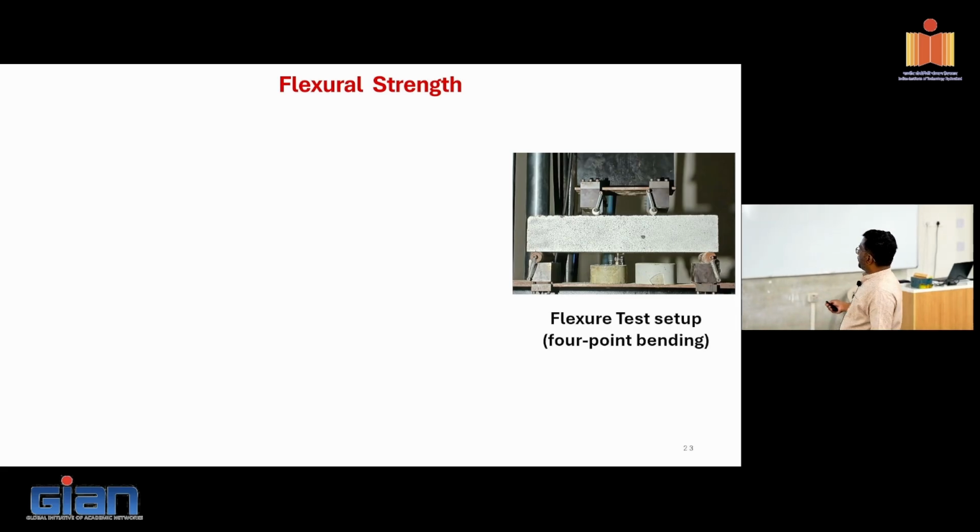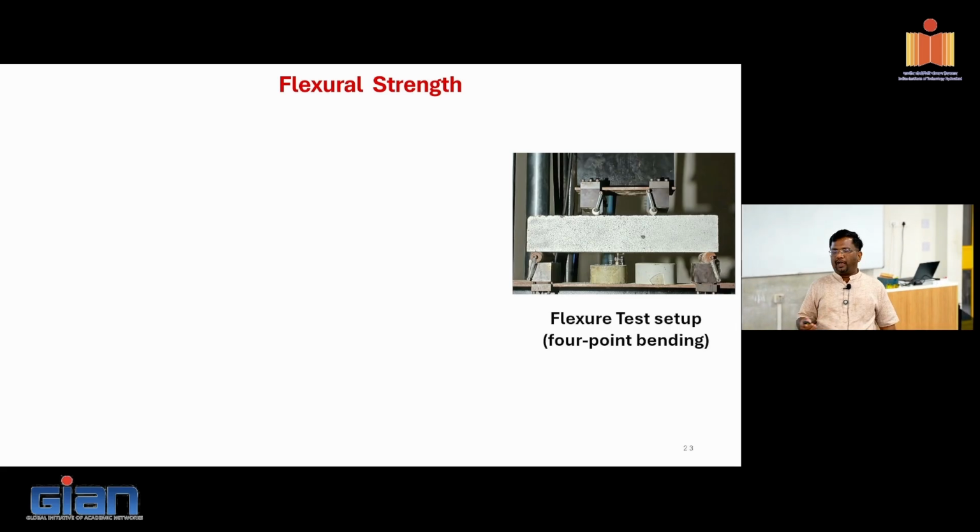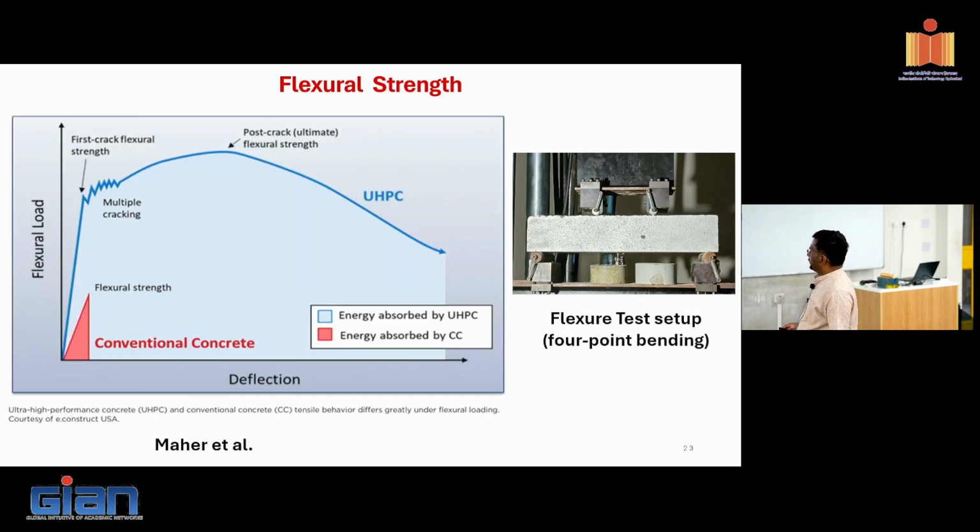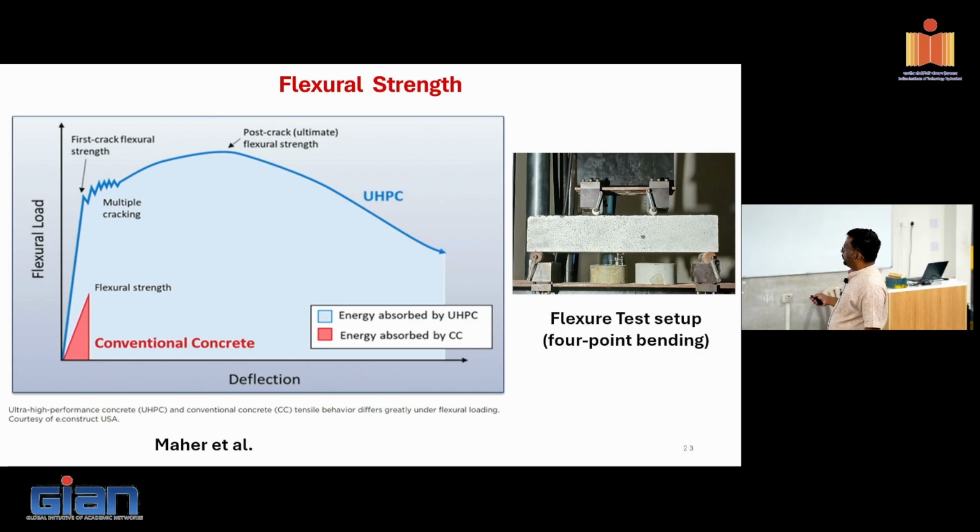So typically for material property, we use this 4-point bending prism test and get at what stress it is going to crack. Because it's unreinforced, the moment it cracks, there is nothing to prevent that crack, so it is going to be a failure, right? So we calculate it. And this is the way, typically we do this 500 mm, 150 by 150 prism. So this is a stress strain curve for flexure for UHPC, and this is for a conventional concrete.